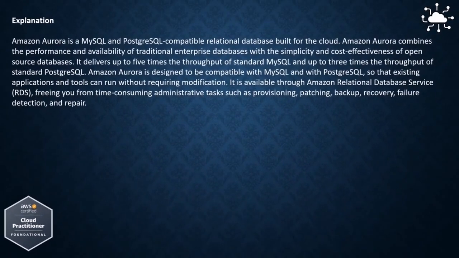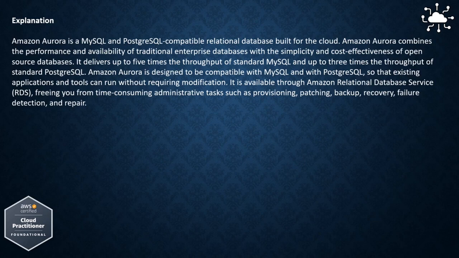Explanation. Amazon Aurora is a MySQL and PostgreSQL compatible relational database built for the cloud. Amazon Aurora combines the performance and availability of traditional enterprise databases with the simplicity and cost-effectiveness of open-source databases. It delivers up to 5 times the throughput of standard MySQL and up to 3 times the throughput of standard PostgreSQL.